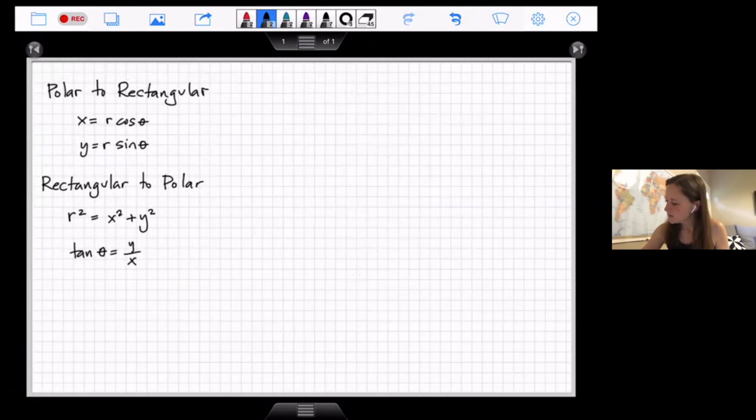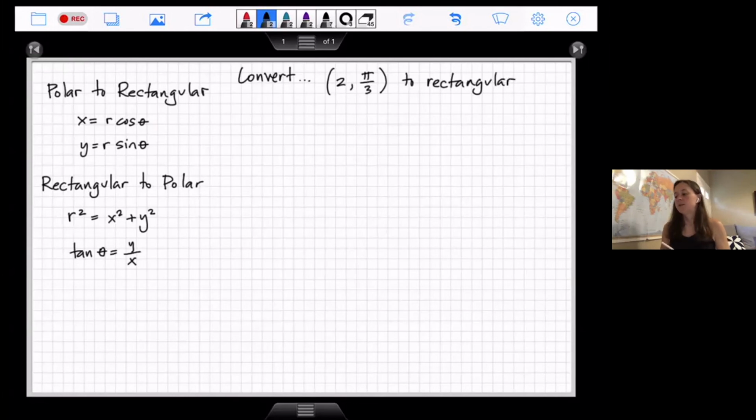We're going to convert 2 comma pi over 3 to rectangular. All right, so when they're asking us to convert to rectangular, that implies that this already is in polar coordinates. So we're just going to use our x and y formulas there from the top of our formula. Let's make this a formula box over here.